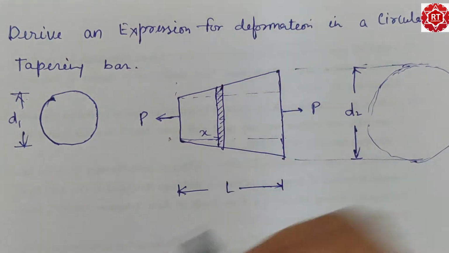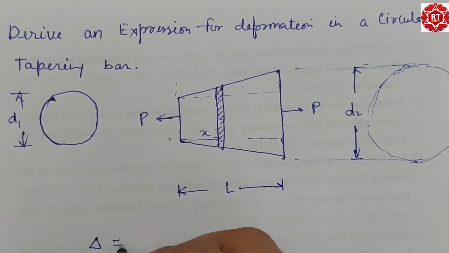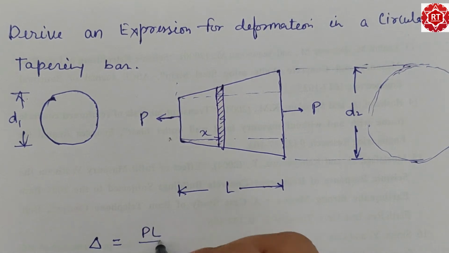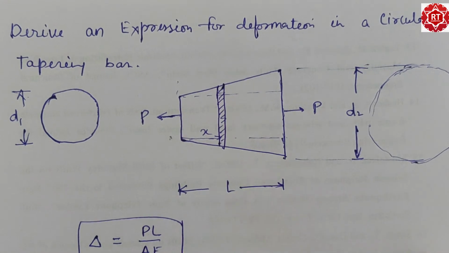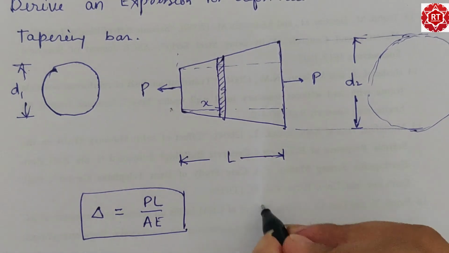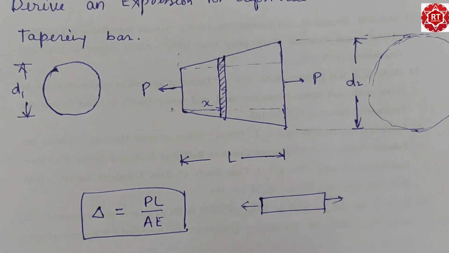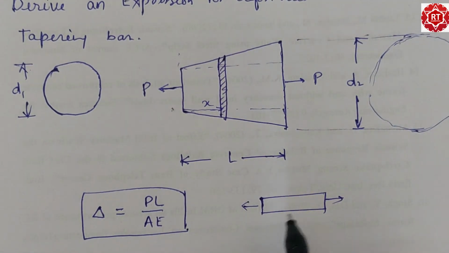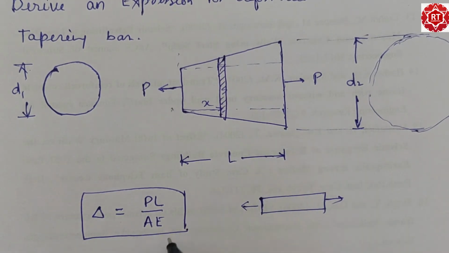But before that, we know that delta is equal to PL over AE, which is a basic relation. This is applied for a simple uniform section rod; you can determine deformation in a uniform bar using this relation.